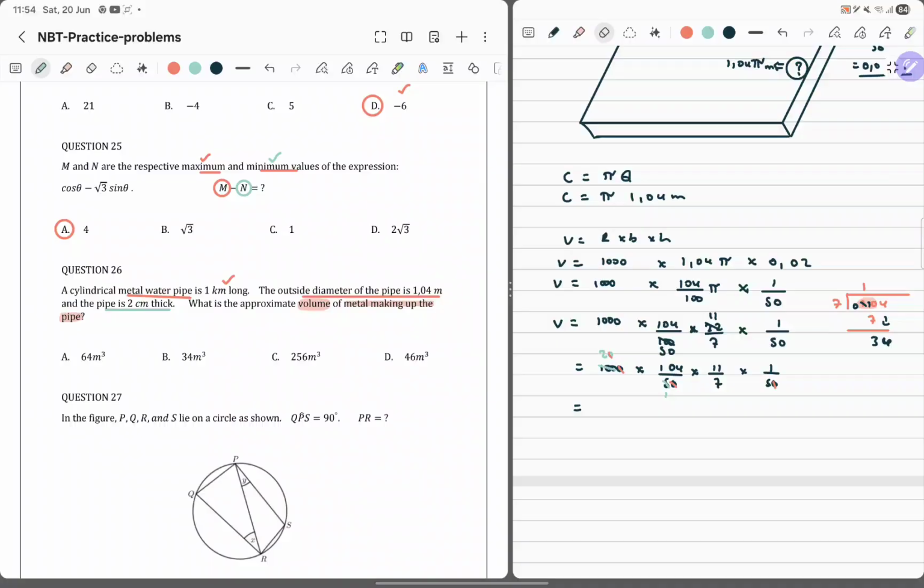Now something is not doing the things I want, but it's okay. I was hoping something goes. But there is a problem here. Okay, let's just deal with this problem. We multiply all the numerators. So this is 22 times 104. So 22.